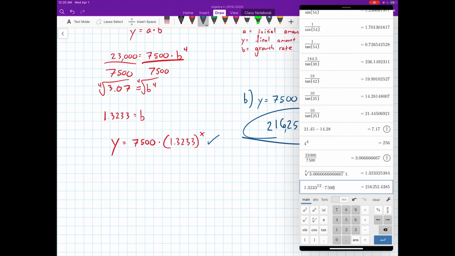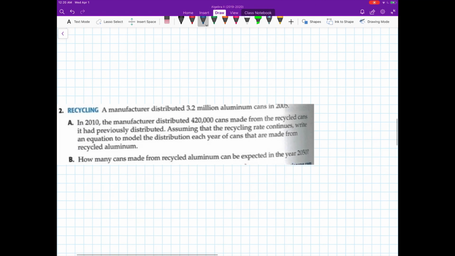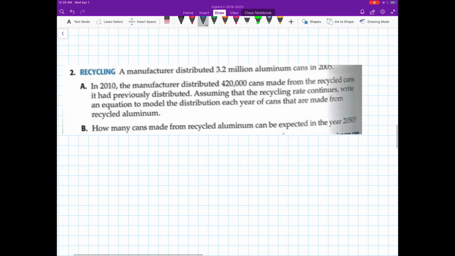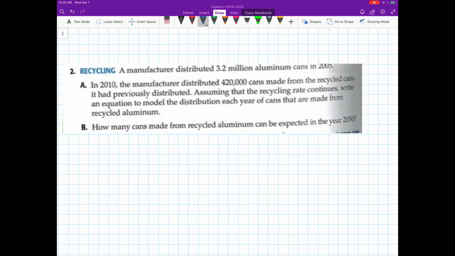All right, for the second word problem, we'll look at this. A manufacturer distributed 3.2 million aluminum cans in 2005. In 2010, so 5 years later, the manufacturer distributed 420,000 cans made from the recycled cans it had previously distributed.